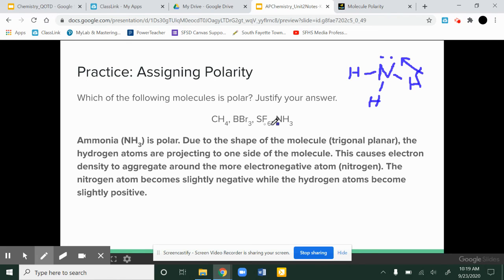So out of all of these, even the octahedral arrangement of SF6, all of those fluorines would be pulling in equal and opposite directions. Same with the trigonal planar structure of BF3 and CH4, which is tetrahedral. The electron density is aggregating around the more electronegative atom. The nitrogen atom becomes slightly negative, while the hydrogen atoms are going to become slightly positive.